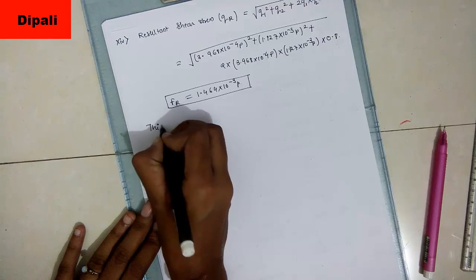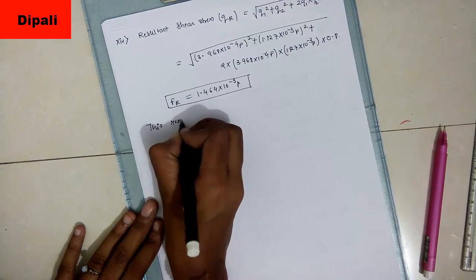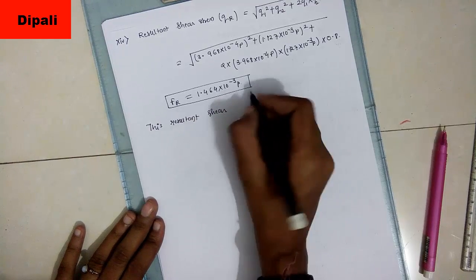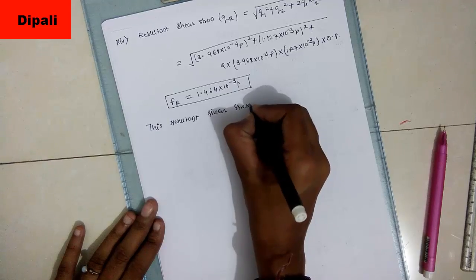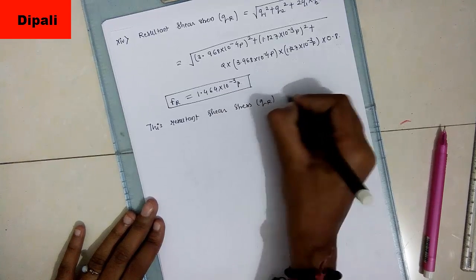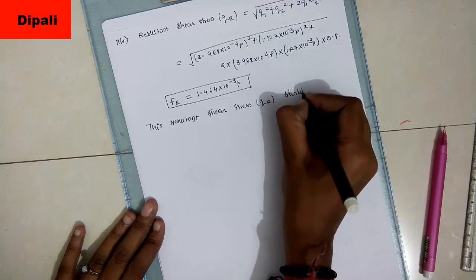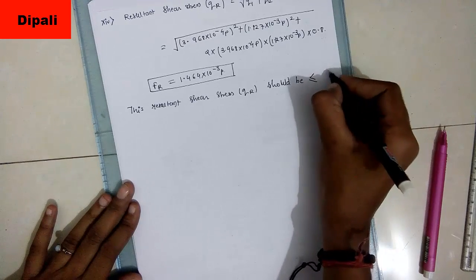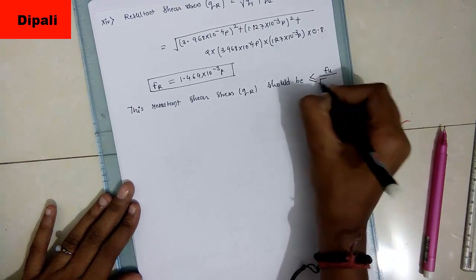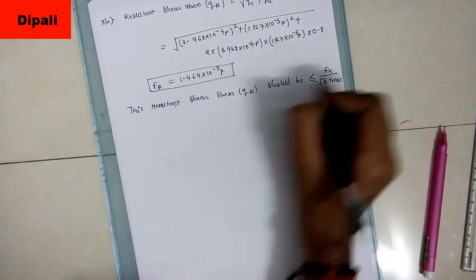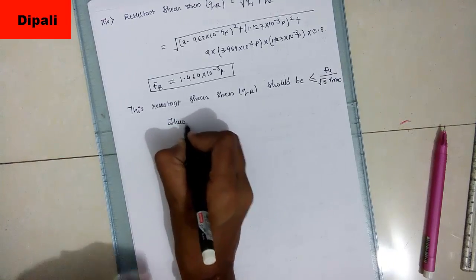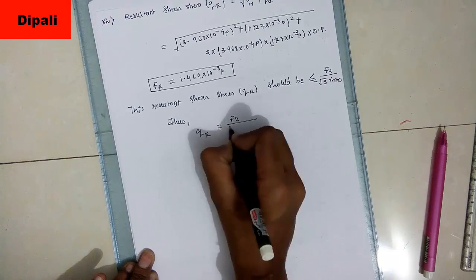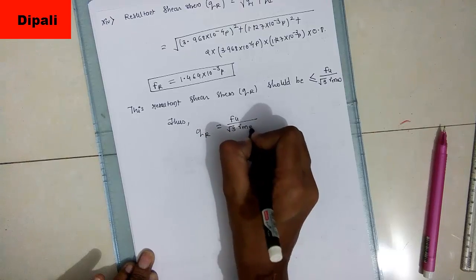This resultant shear stress, that is qr, should be less than or equal to fu upon root 3 gamma mw. Okay, so thus qr equals to fu upon root 3 gamma mw.